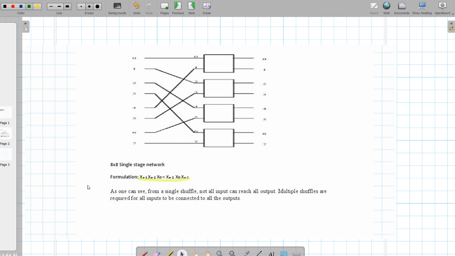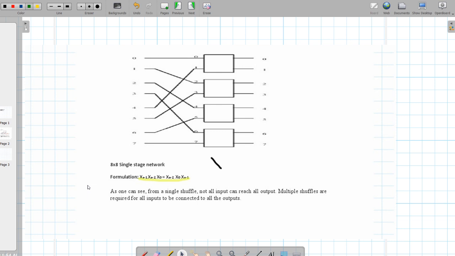Basically, on the left hand side, you can see that xn minus 1, xn minus 2 up to x0 have been appended one after another, and on the right hand side it has been left rotated by a single bit. So how does it go?